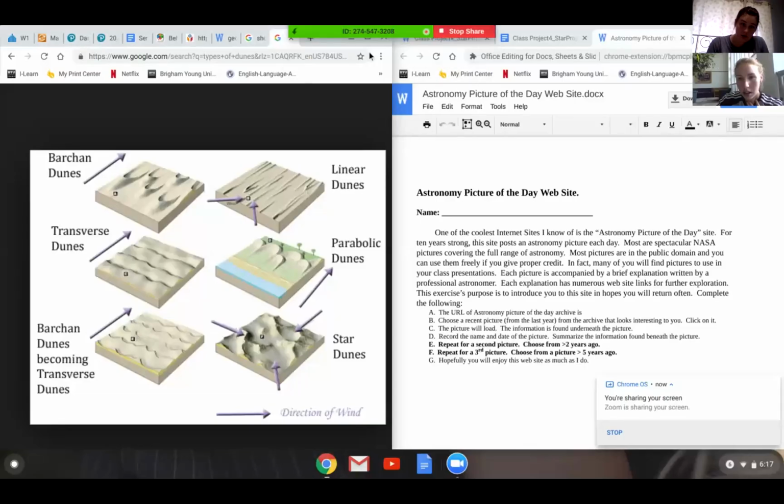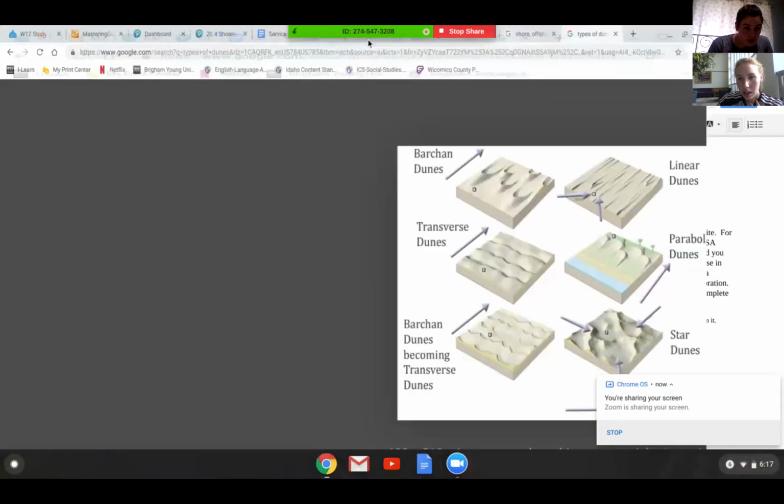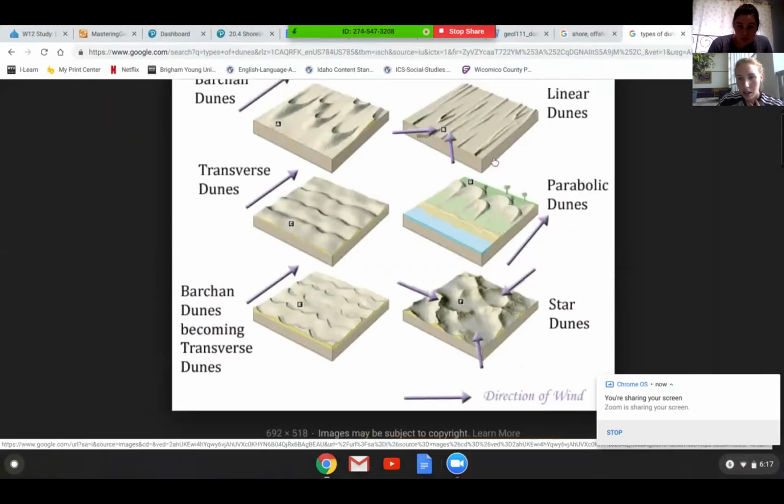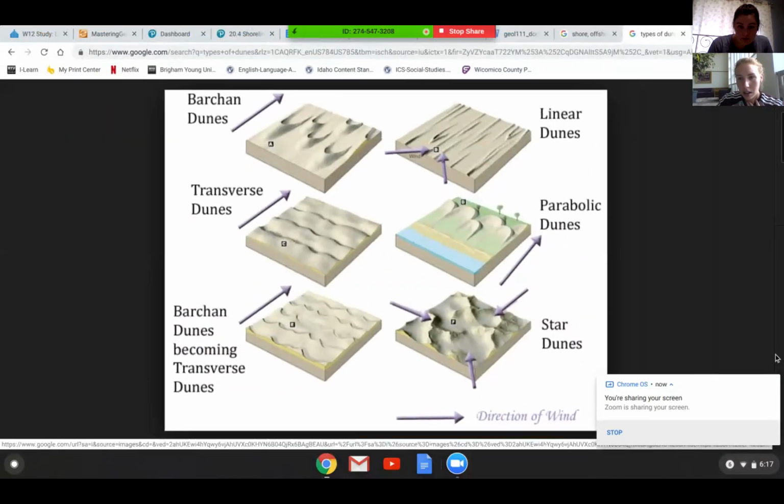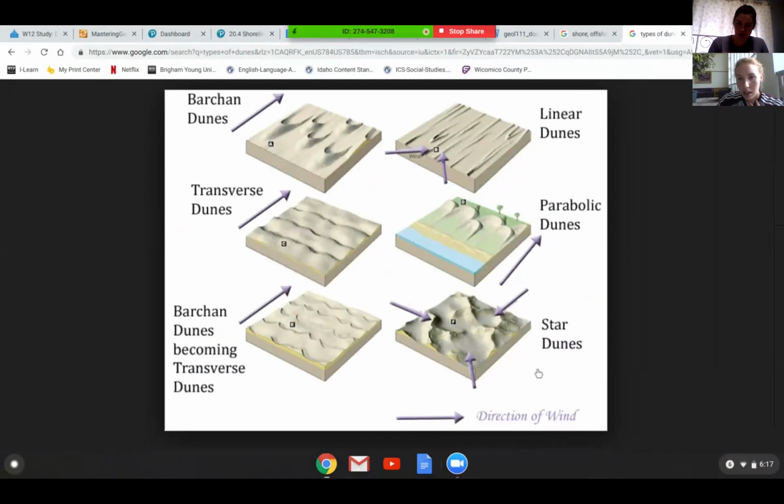Can you see my window? Perfect. So for sure parabolic, because I've seen those. They have those grassy sands right there.